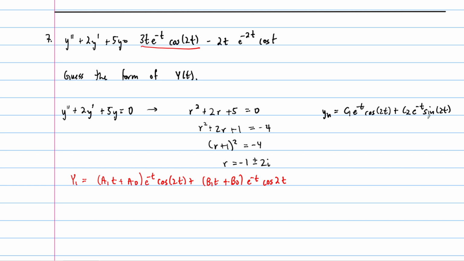I wrote down cosine twice. One of these has to be sine, of course. Doesn't matter which one, but we'll change the second one.